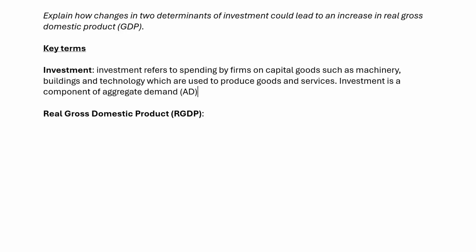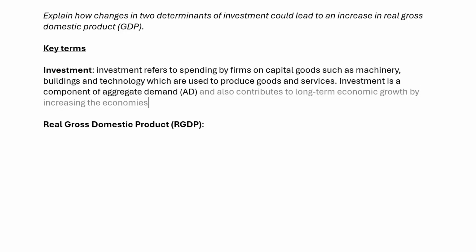And it also contributes to long-term economic growth by increasing the economy's productive capacity. Okay, so it's kind of what investment is. Basically, it's when we invest in things that, in theory, should make us more productive in the long run. So I'm thinking things like plant, equipment, machinery, infrastructure, all that sort of good stuff.